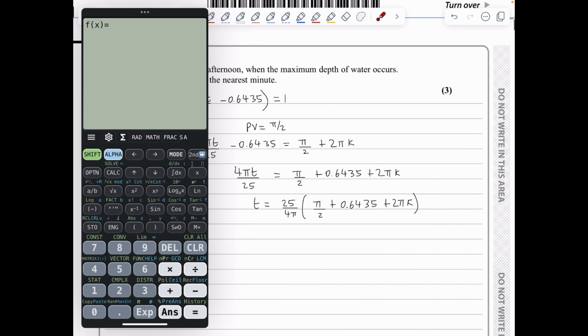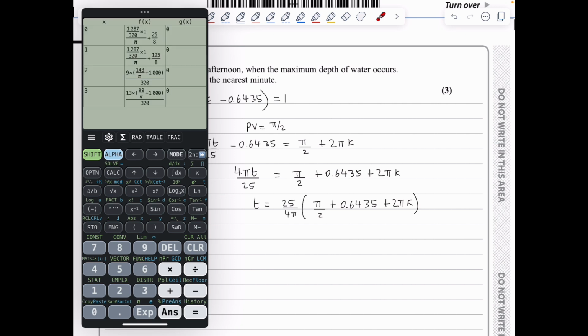So it's going to be 25 over 4 pi, and then open brackets, I've got pi over 2 plus 0.6435 plus 2 pi x, and I will let x go from 0 up to 3 maybe, and we'll see what kind of values we get. I press the equal sign, g of x, I'll leave it empty. I will start at 0, I will stop at 3, and I will be stepping every one.